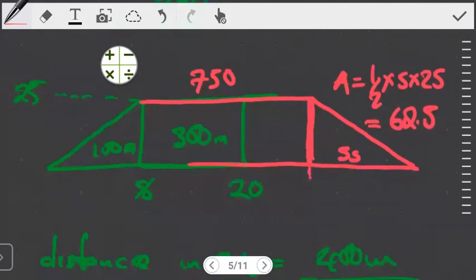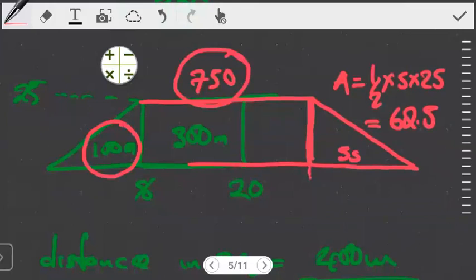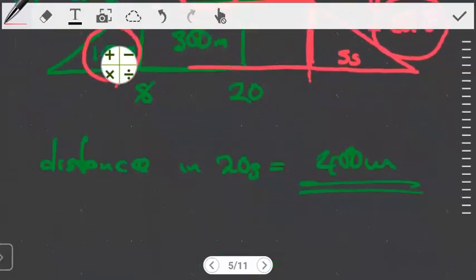So now we know the distance covered in the first 8 seconds, the distance it covers as it maintains the velocity, and the distance as it comes to rest in that final 5 seconds. If we add these 3 distances, we get the total distance covered by this car.